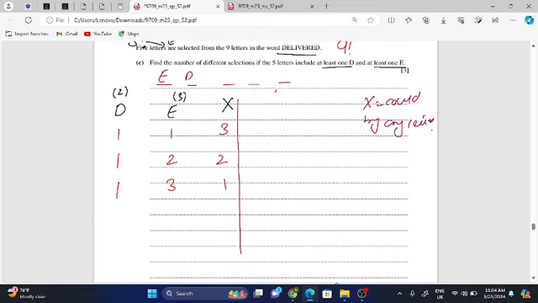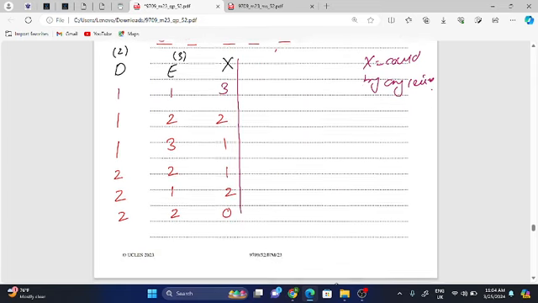Then the maximum condition for D is 2. So you can write it as 2 D's and 2 E's. 2 plus 2 is 4, so 1 goes toward X. 2 D's and 1 E and 2 could be X. If you create 2 D's, 2 E's, so 0 could be there.